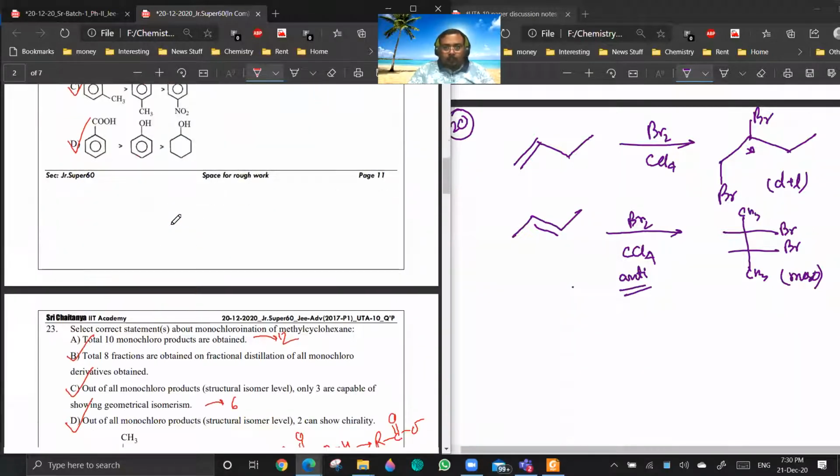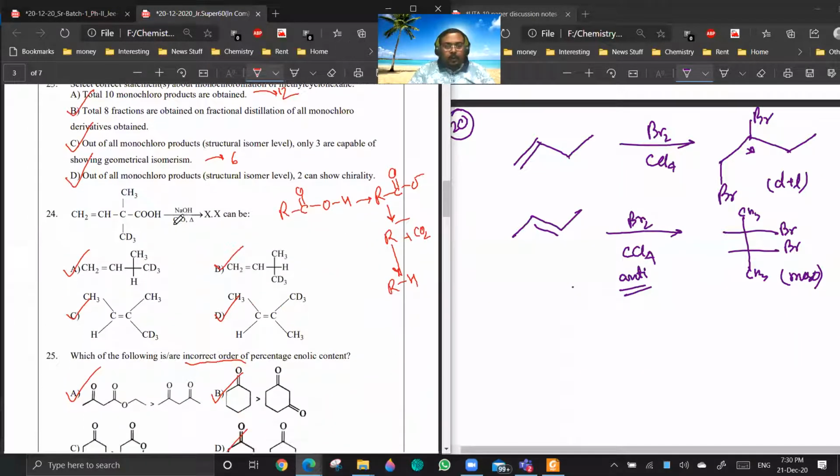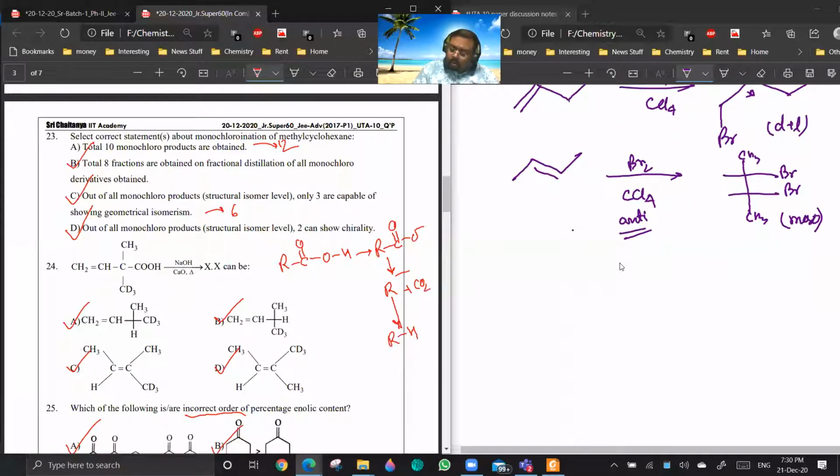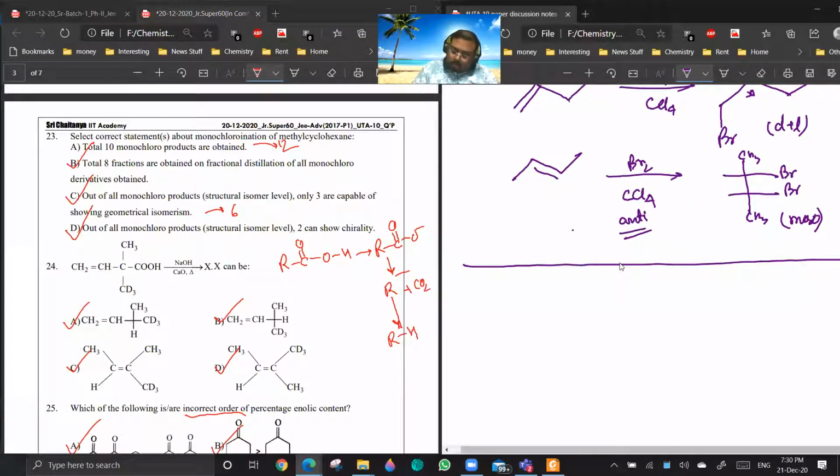Okay, so let's move forward to 23 and 24. So 23 option A. Can you see? Yes, 23. Let us try.